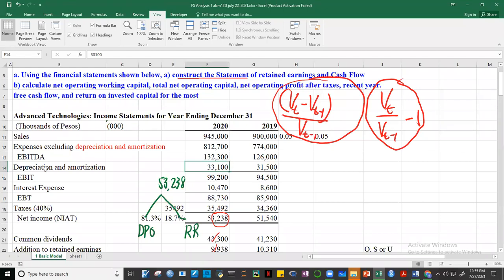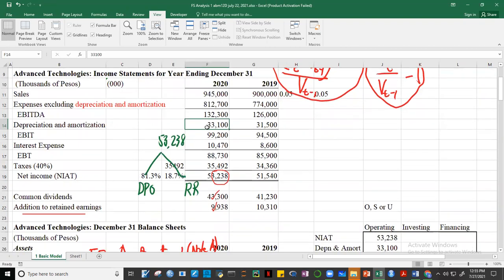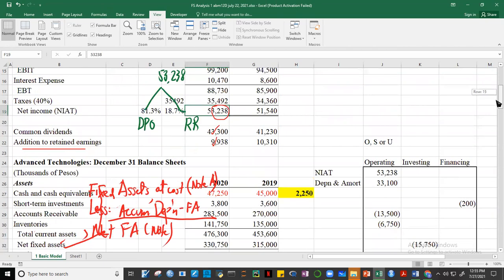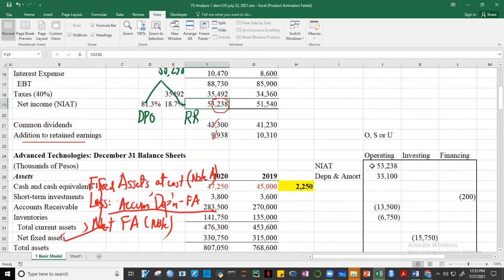With that, we know that there's one item here, depreciation and amortization, that was subtracted in order to arrive at 53,238. Since this is non-cash, we need to reverse what we did there. Since we subtracted it to arrive at 53, we should add it back in order to adjust. So we place here the net income after tax from operations, and then add back depreciation.